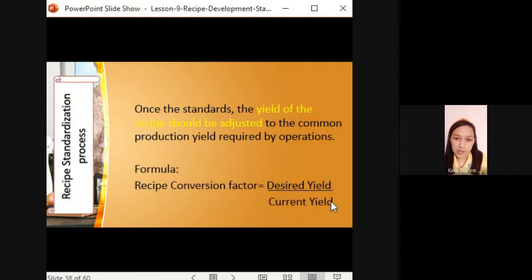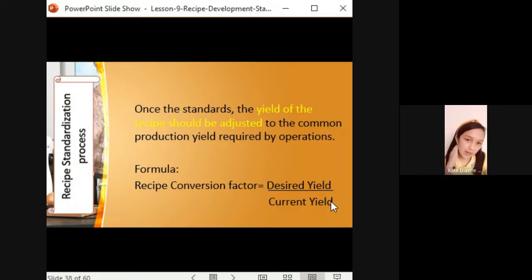Okay, so once the standards, the yield of the recipe should be adjusted. The common production yield required by operation. So para makuha natin ang recipe conversion factor, kindly list down. So we will divide desired yield divided by the current yield.